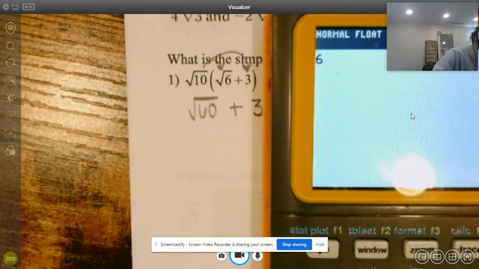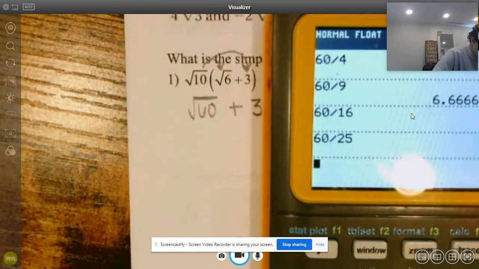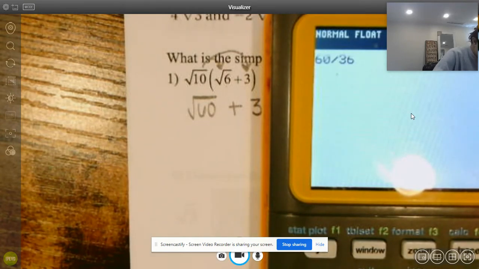So we can take 60, we can divide it by 4. Okay, we get 4 and 15. The next one would be 9. No. The next one would be 16. No. 25. No. 36. No. And so really that's about it, I think.